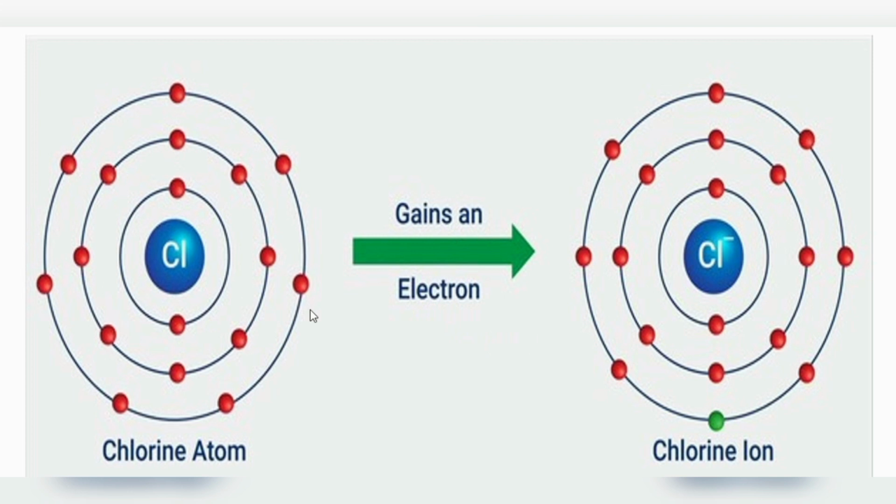So this chlorine atom has gained an electron from a different atom, indicated by the green color, to become a chlorine ion. That is a chlorine atom that has gained an electron. So we have the chlorine ion, or the chloride ion. Today we are going to learn how to write the electron configuration of the chloride ion. Let's proceed to the board.